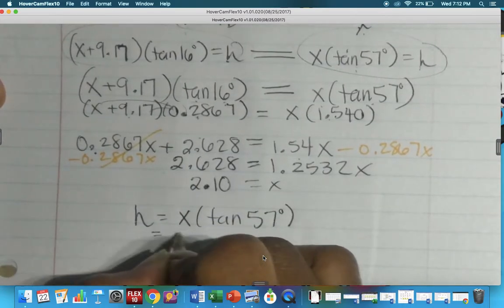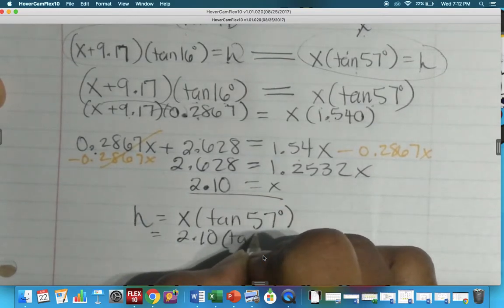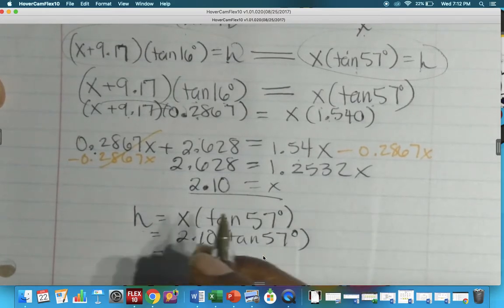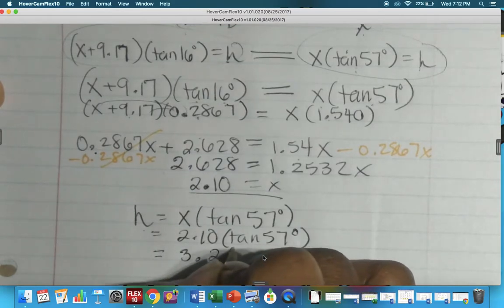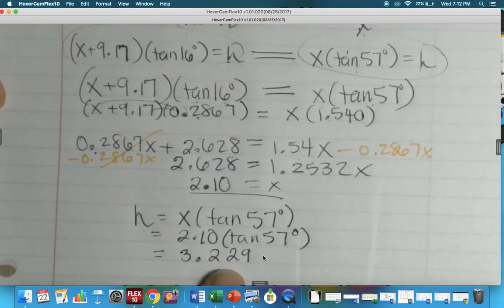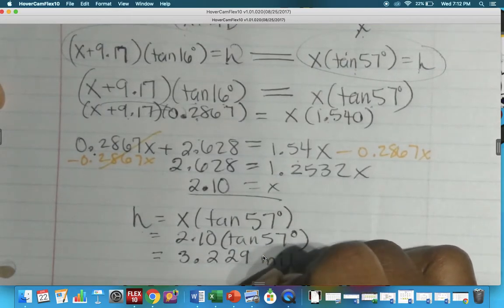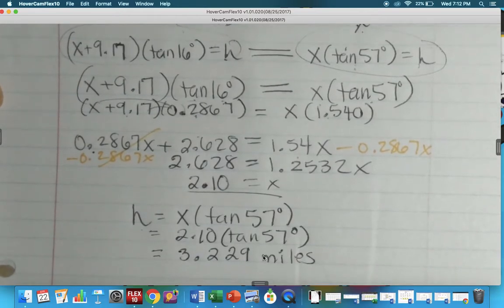So 2.10, because that's what my x is, times tan of 57 is h. And if I plug that into the calculator, I get 3.229. We can round that to 3.23 miles. So the plane is about 3 miles high in the air. Okay.